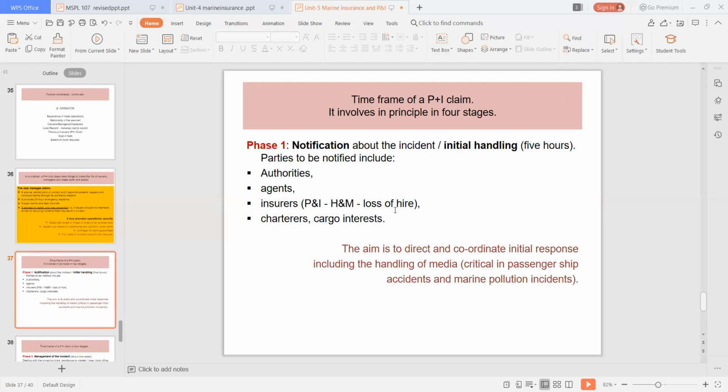P&I, H&M, loss of hire, charterers, cargo interests. The aim is to direct and coordinate the initial response, including the handling of media, critical passenger ship accidents, and marine pollution incidents. So this is about phase 1. The time frame of a P&I claim has very important phases or stages.